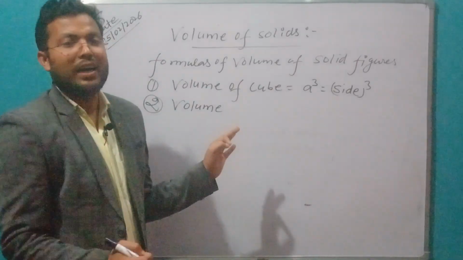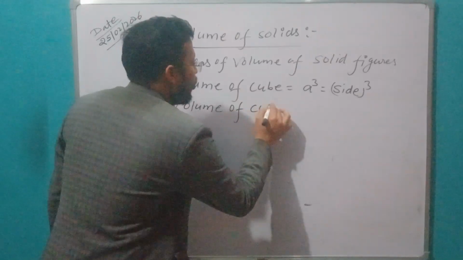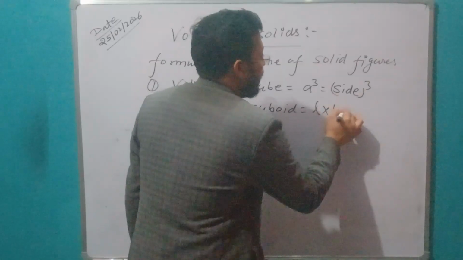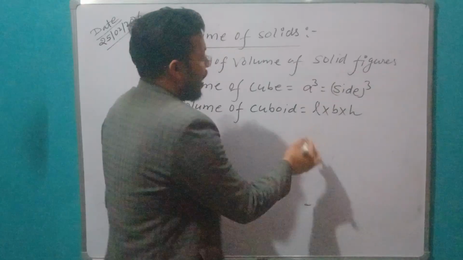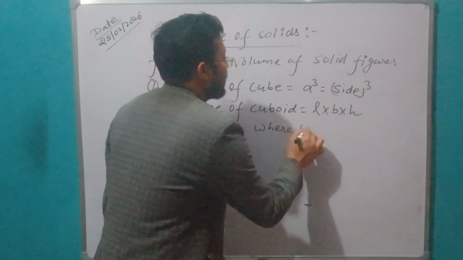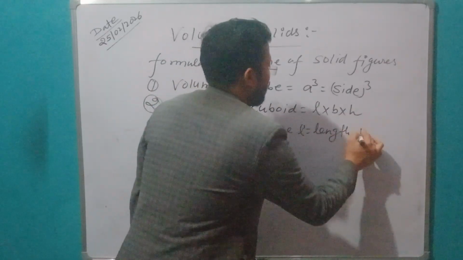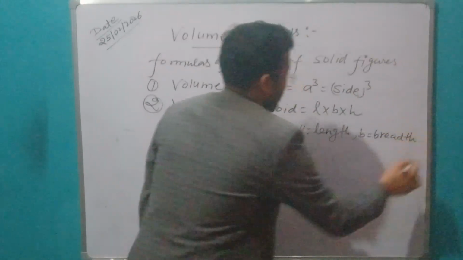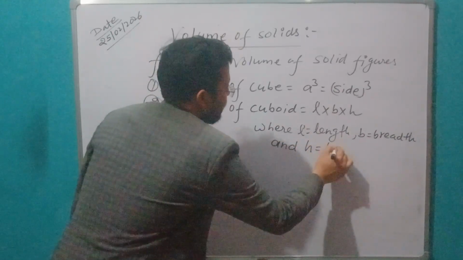When the length, breadth and height are not all equal, the volume of cuboid equal to L into B into H, where L is the length, B is the breadth and H is the height.